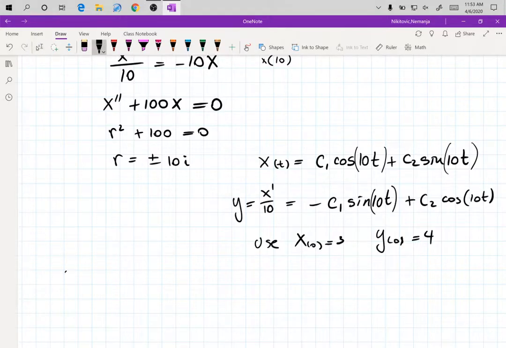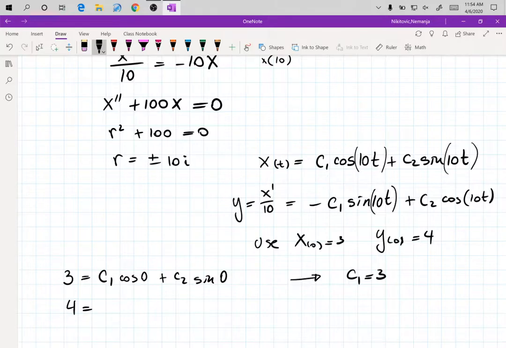So for x, it was going to be 3 is equal to c1 cosine of 0 plus c2 sine of 0, and c2 is 0. Perfect. So c1 is 3. And then the second equation, 4 equals negative c1 sine of 0 plus c2 cosine of 0. From there we get that c2 is equal to 4.